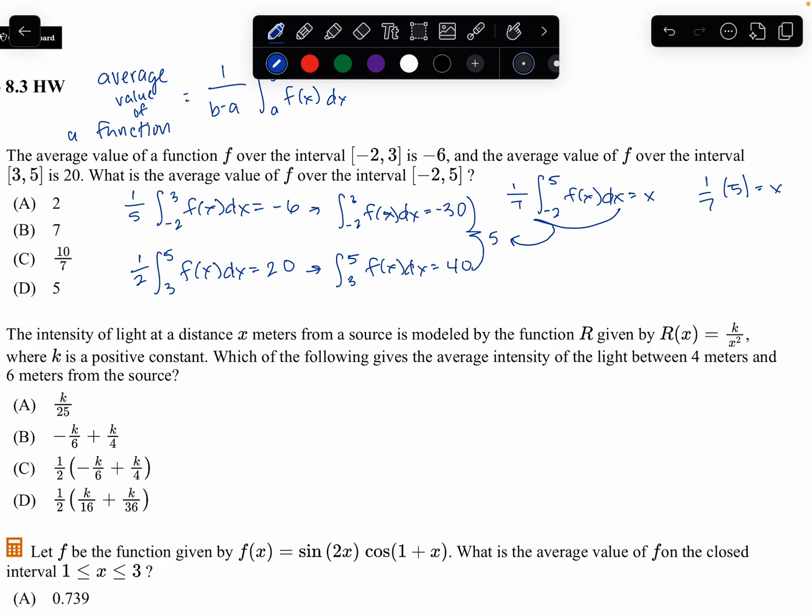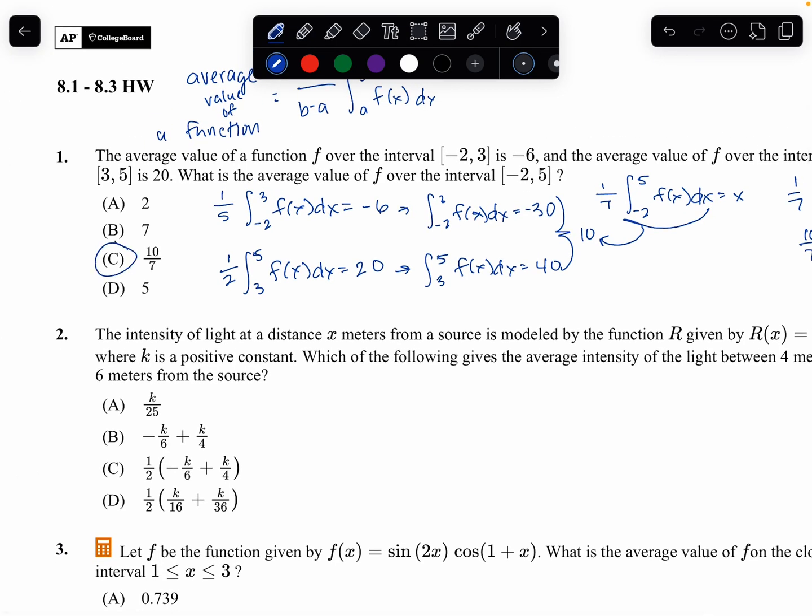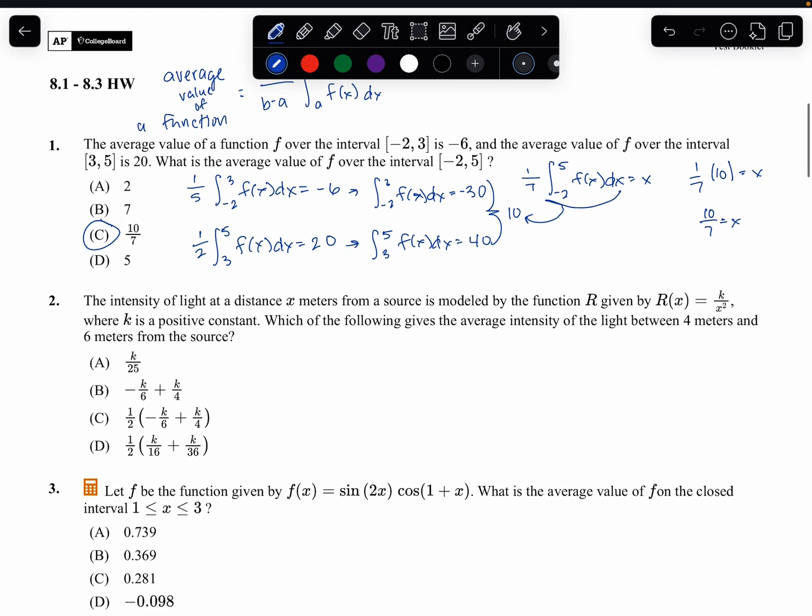All right, so then this would be 10. And that's going to be 10 right here. And that's going to give me 10/7. And there's our answer right there.